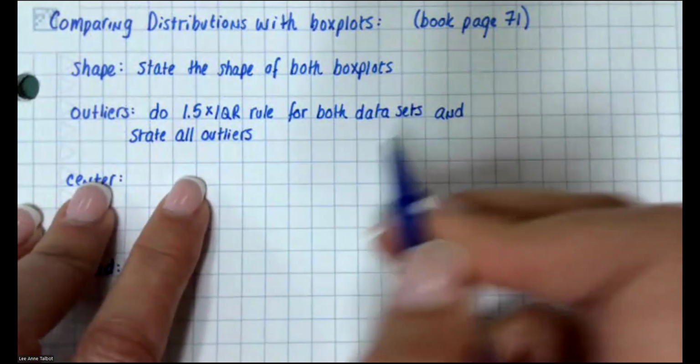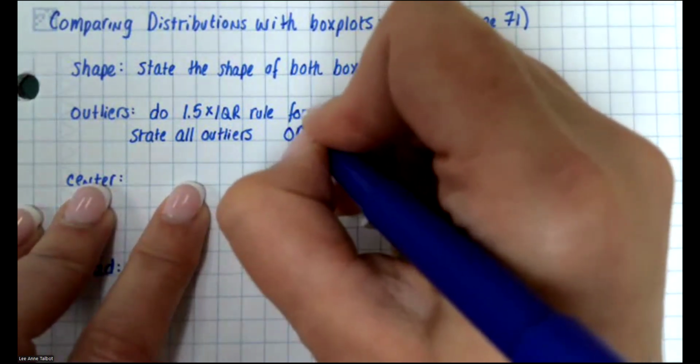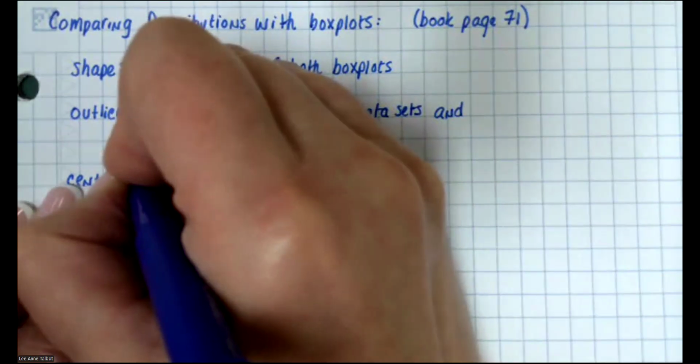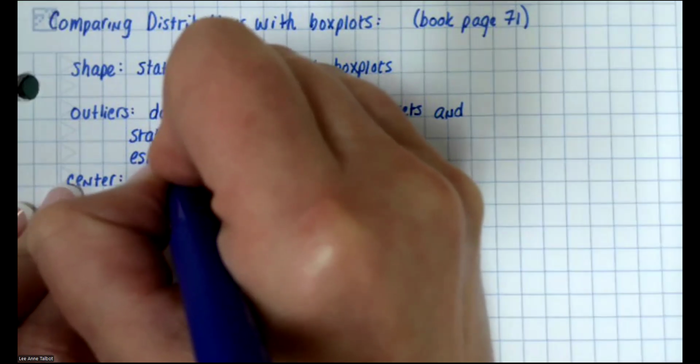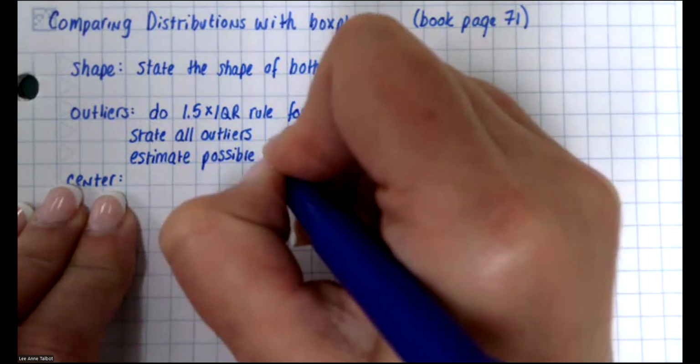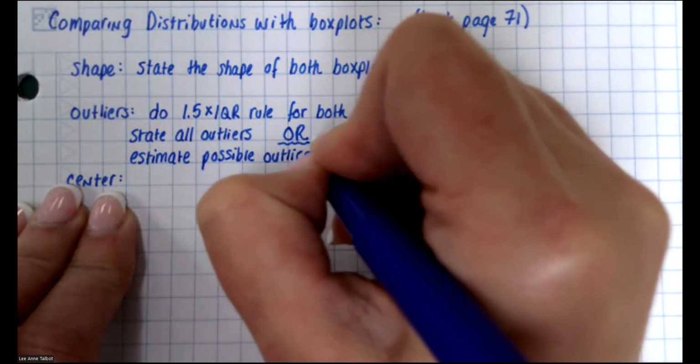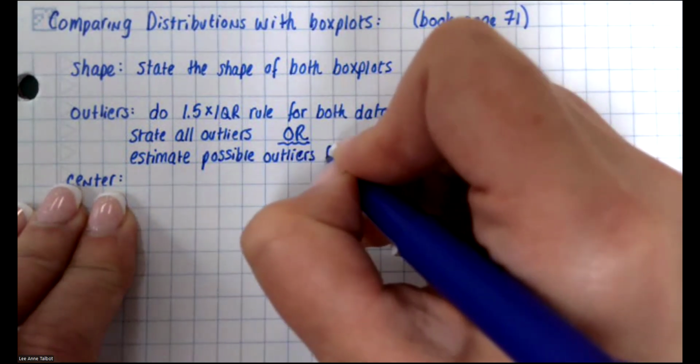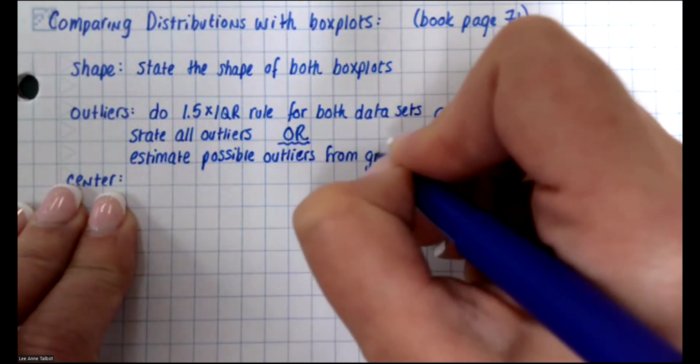And this is if you have a data set, or estimate possible outliers from the graph.